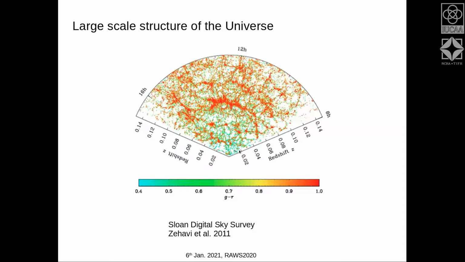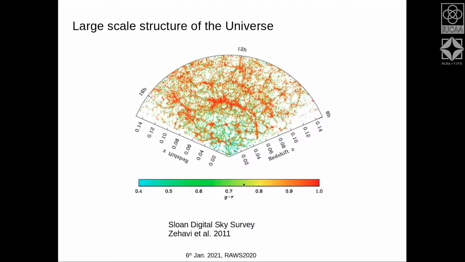Now one other remarkable thing seen in this picture made with the Sloan telescope is that this color scale is basically G minus R. So these are optical filters, G and R, and you can take the difference, which is called color. So in astronomy, when you take the difference between these optical magnitudes, you get what is called color.